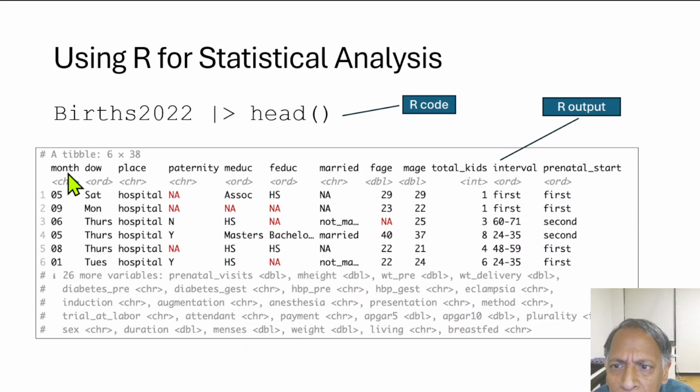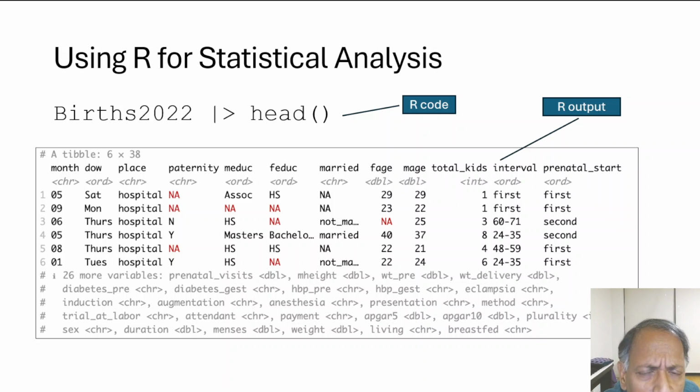The variables are named month, DOW, which is day of the week, place, where the child was born, paternity, MEDUC, which is mother's education, father's education, whether the people were married, father's age, mother's age, and how many kids totally the parents have, and what is the interval of this child, what is the prenatal start, etc. And then it says in addition to all of these variables, there are 26 more variables in this data frame, and here are the names of the 26 additional variables.